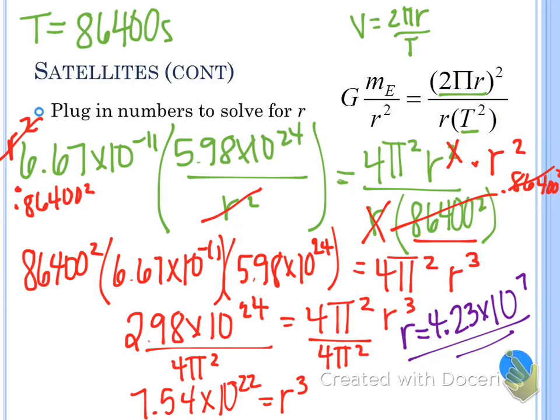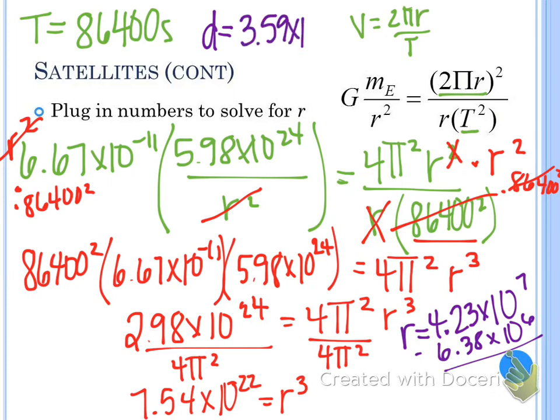So what do we need to do to find the distance above the Earth's surface? Subtract out 6.38 times 10 to the 6th meters. I'm still running out of room, which means our distance above the Earth's surface is 3.59 times 10 to the 7th meters. So that means this particular satellite is orbiting at a distance of 3.59 times 10 to the 7th meters above the Earth's surface.